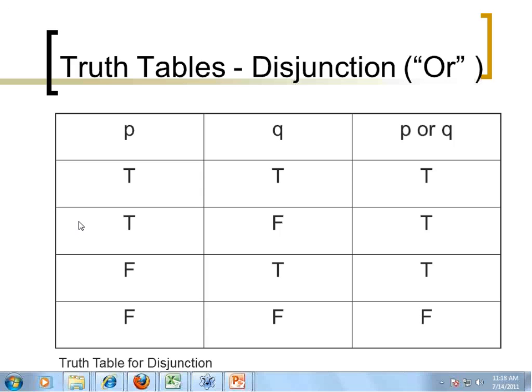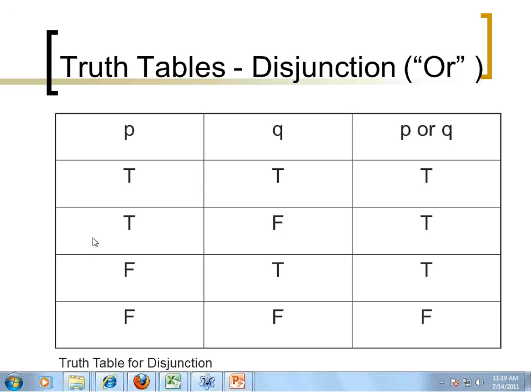Right. So let's look at the remaining two. P is false, Q is true. So the result must be true. P is false, Q is false. So this time P or Q cannot be anything but false.